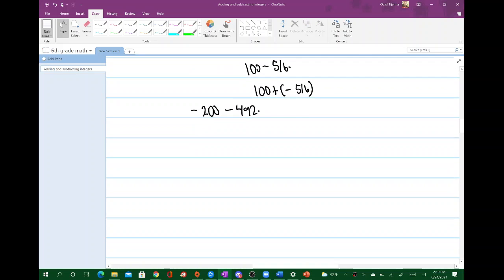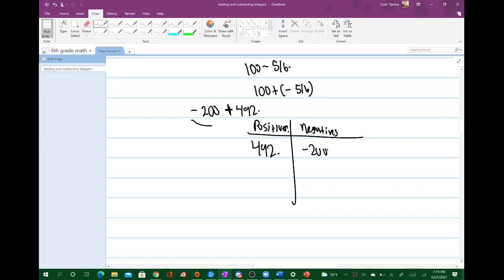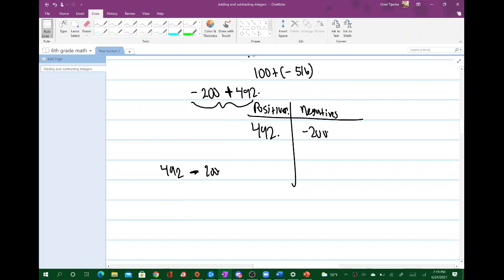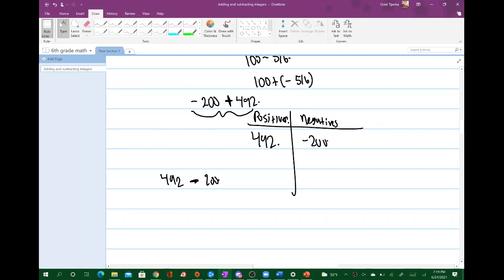Or let's say I have a plus. Well, what are my positives here? There is a plus 492. And what are my negatives? This is really -200. So if I bring it together, I say 492 and then I have a minus 200. So now it's not that bad anymore, because now I have it in this form.